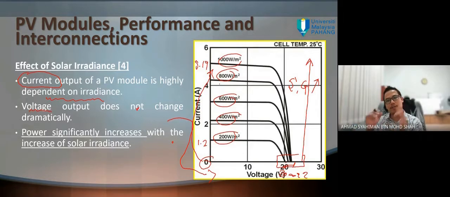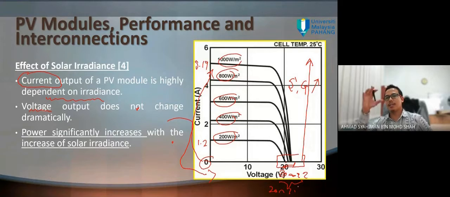Even though if you measure the voltage, there's not really a difference. The value is not that different. As I told you, from this graph, you can see around 20 to 22 only. But the current has totally changed already. That's why we need a very stable sun or solar source.